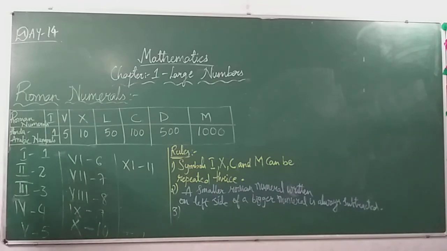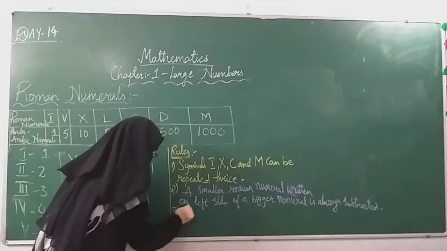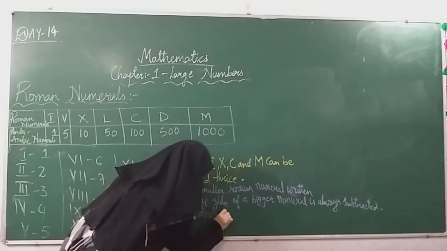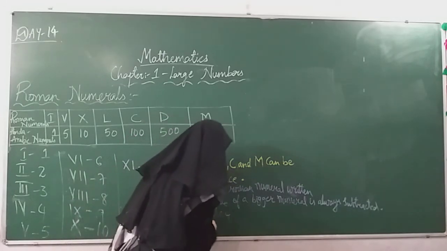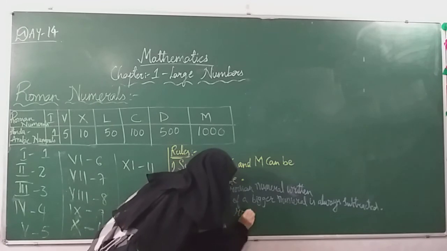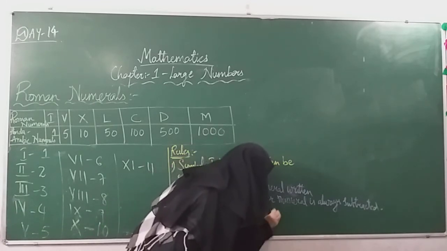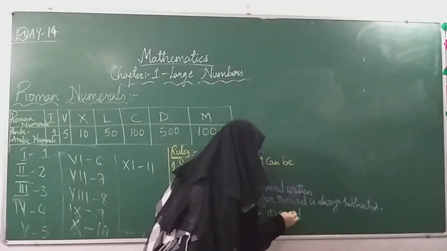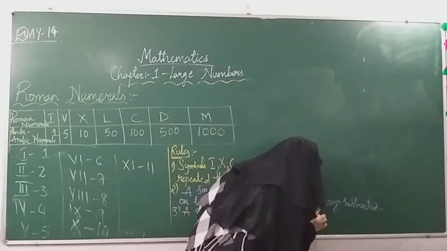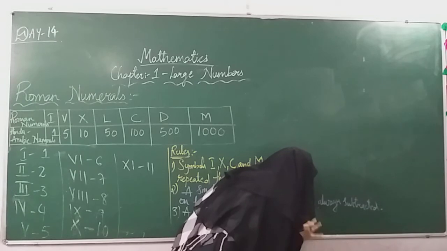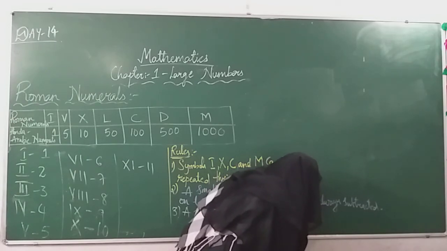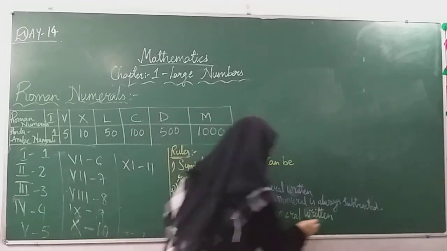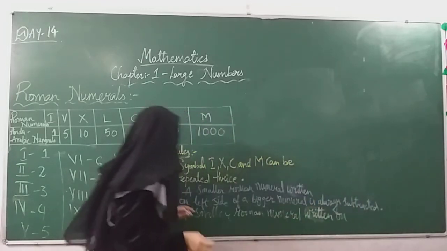Rule 3 is the same, but we have to add a little. A smaller Roman numeral written on the right. I'll give you an example.